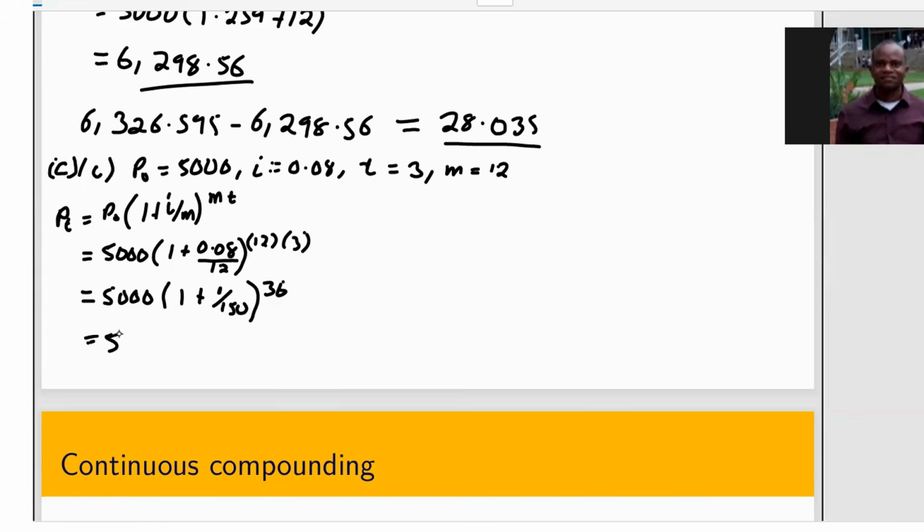So I'm going to have 5,000 times 1.270237. Then I multiply by 5,000, which is the total investment. What I get is 6,351.1, rounded off to 3 decimal places.